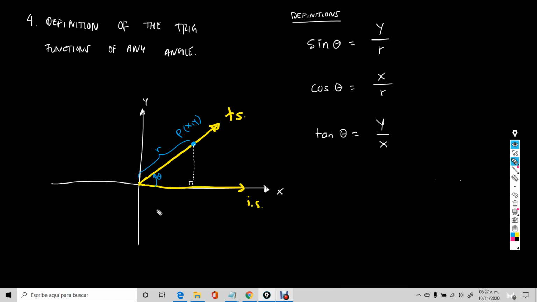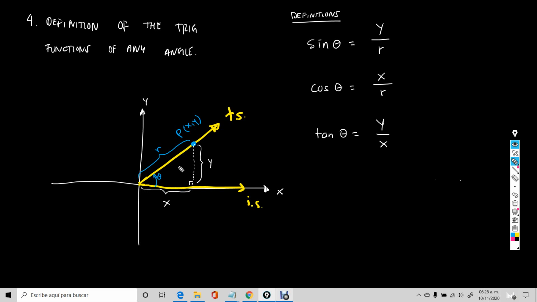Now you can clearly see that we have formed a right triangle with a hypotenuse of r, with a cathetus, this one, whose length is y, and with another cathetus, this one, whose length is x.